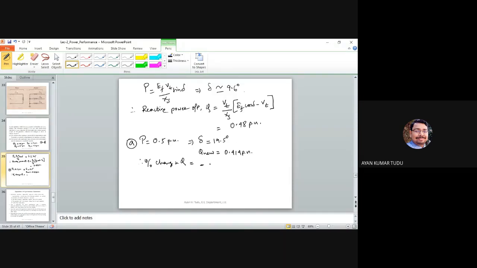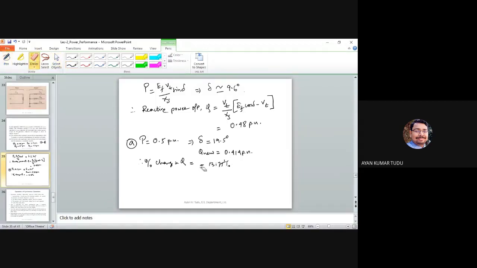It is minus how much? 14 point something, I think it should be coming. What is the percentage in Q? 13.75. Okay, 13.75. So you can very well imagine the change in Q here.